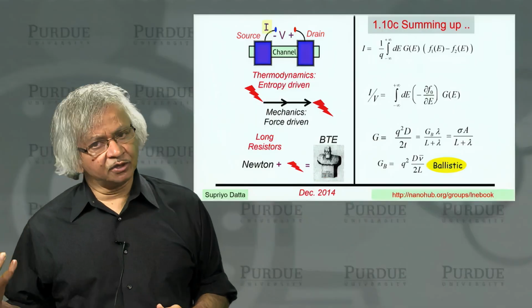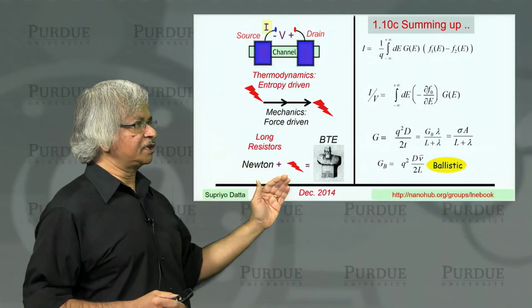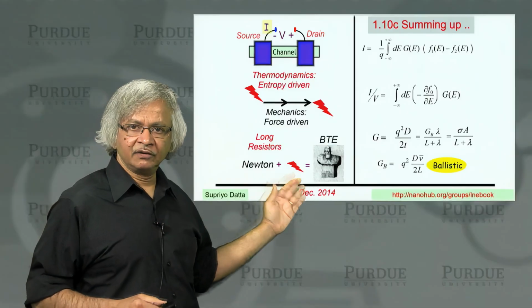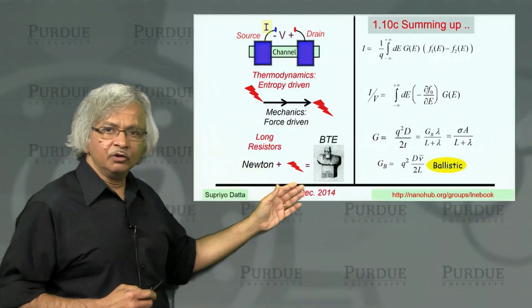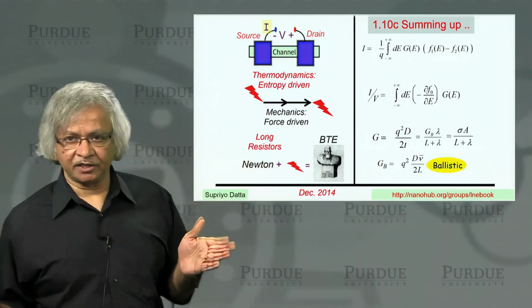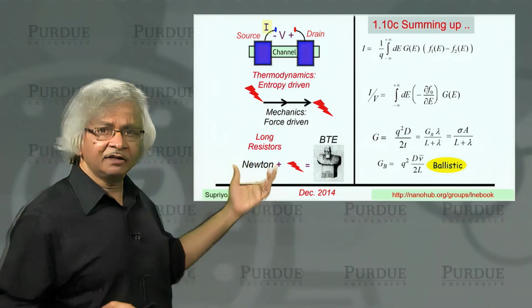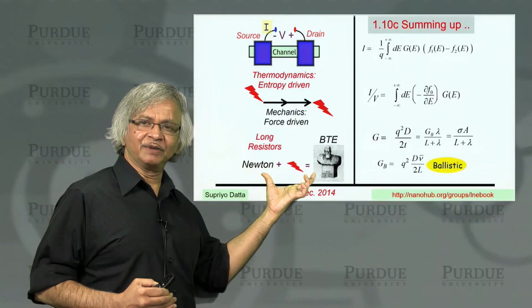For quantum transport, you'd need the quantum version of it, where it would be the Schrödinger equation plus entropic forces. Whereas in semi-classical transport, what you use is Newton's laws plus entropic forces, which is what the Boltzmann equation is. So in general, your benchmark, your gold standard, is this Boltzmann equation.